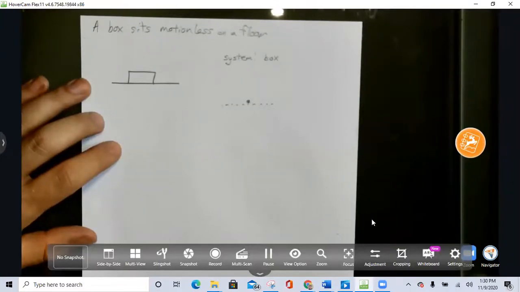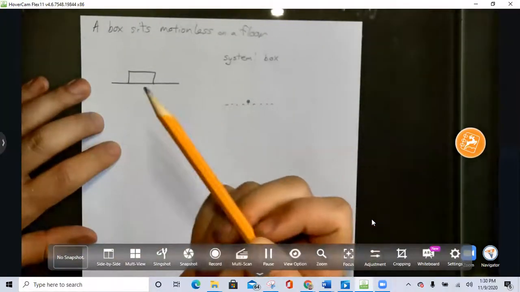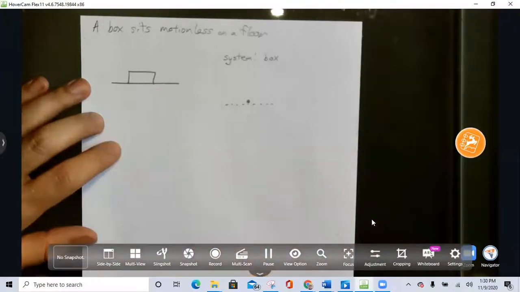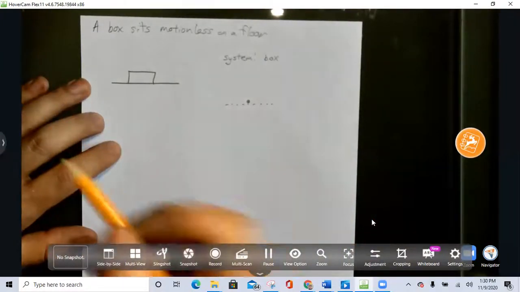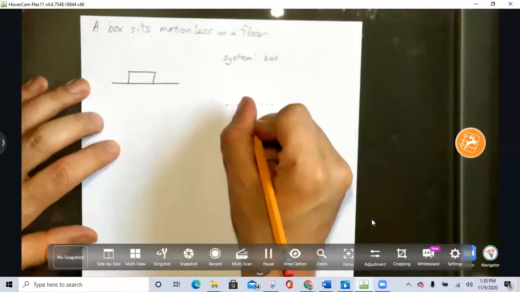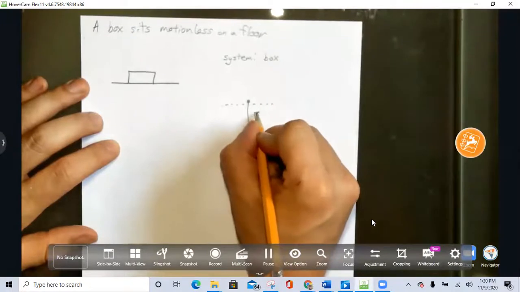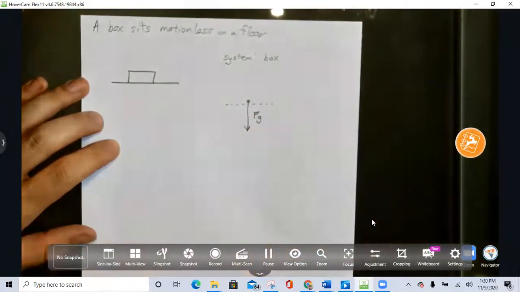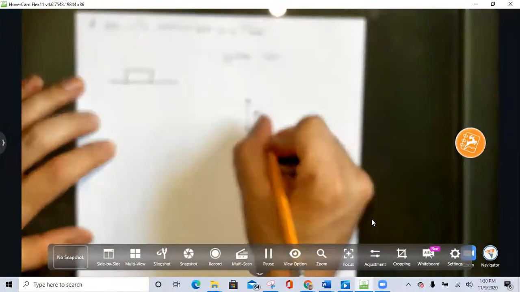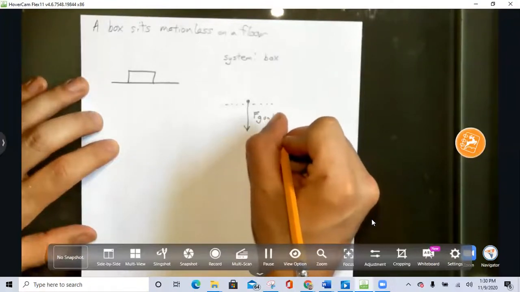All right. So I know it is something that has matter. I know you can infer that it's on Earth. So it is going to have the force of gravity acting on it. And it's acting on the box.